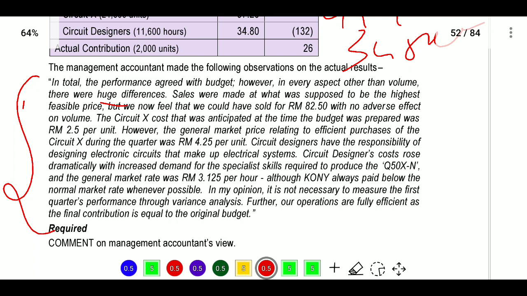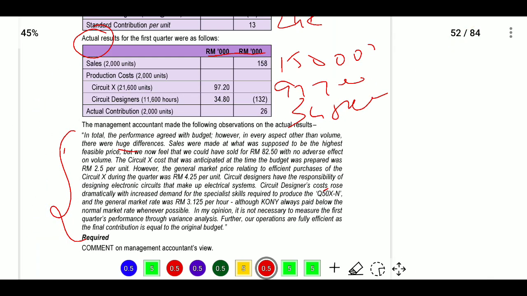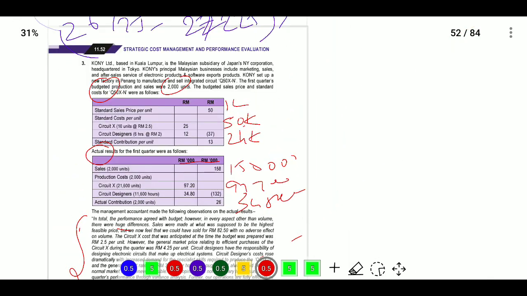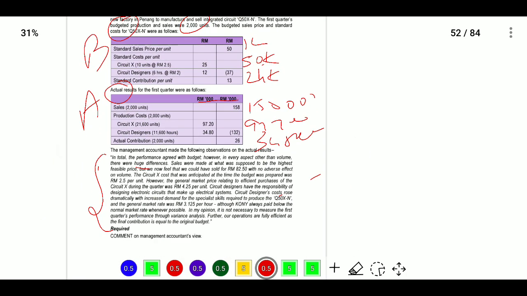Sales were made at what was supposed to be the highest feasible, but we now feel that we could have sold at 82.5. So at 82.5, it is budgeted, it is actual, it is related to the revised budget.